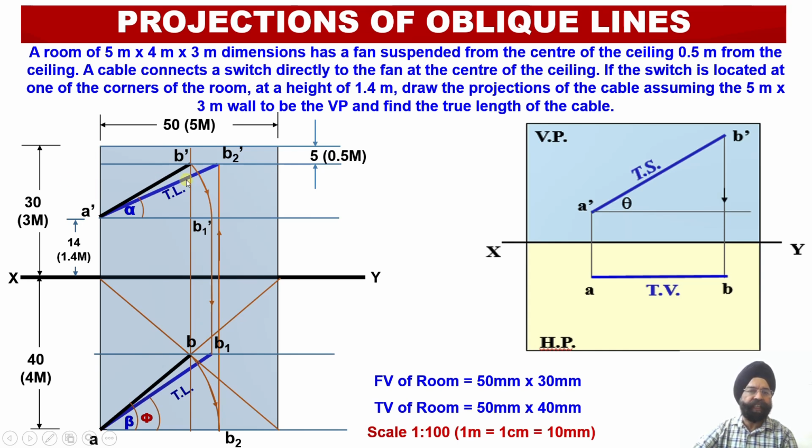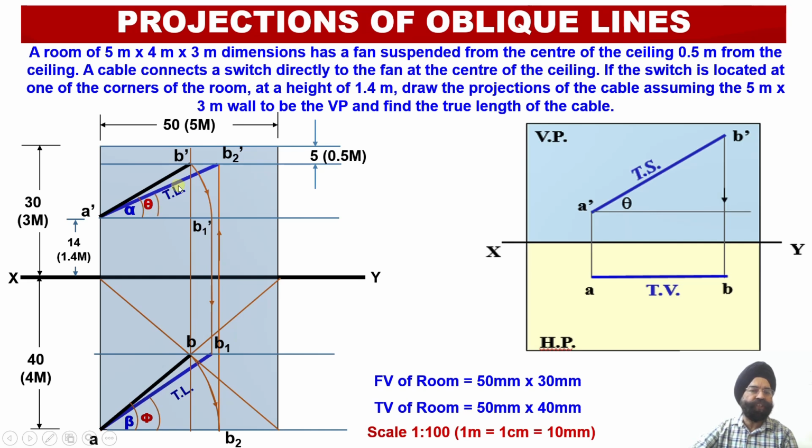Now having obtained this true length, I am going to evaluate the angles of inclination of the apparent length in elevation and the true length in elevation with respect to the horizontal plane. So A dash B dash, the apparent length in elevation, is inclined with respect to the horizontal plane at an angle alpha, while the true length A dash B2 dash is inclined with respect to the horizontal plane at an angle theta.